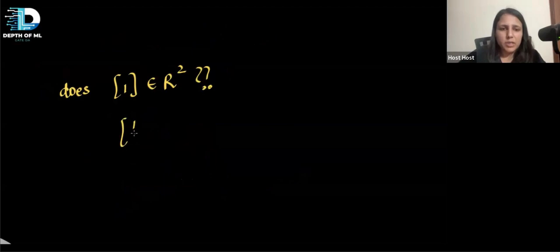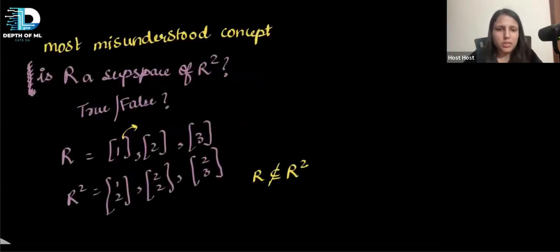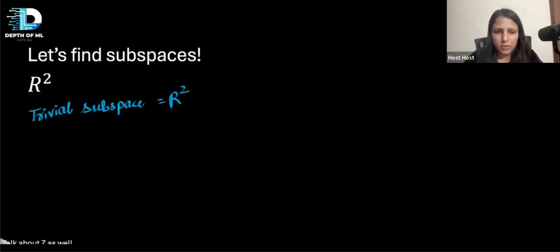But if I had asked this, you would have said yes, because it has two coordinates that I can use to represent it. So this particular vector is not even in any subset of R2. That's why R is not a subspace of R2. Fine. So I have already received a lot of answers: the x-axis or any line passing through the origin.